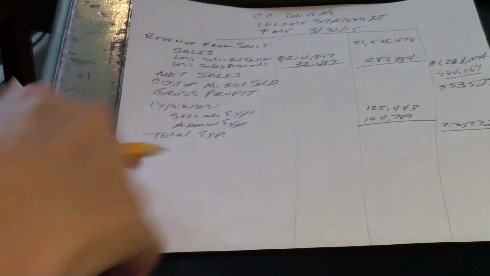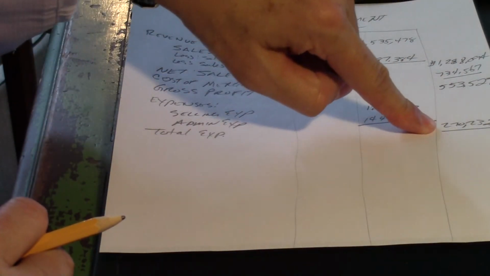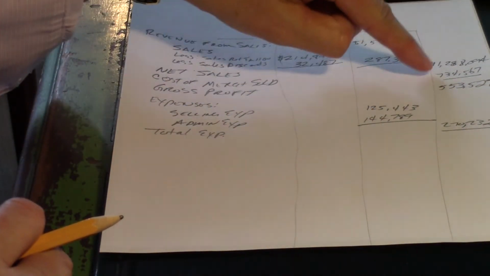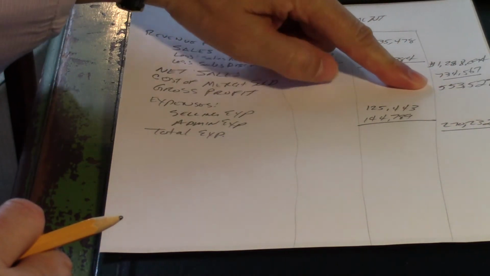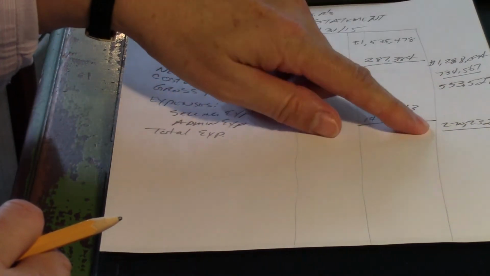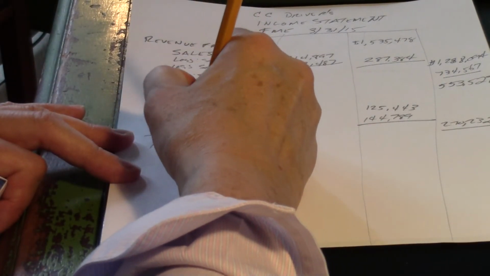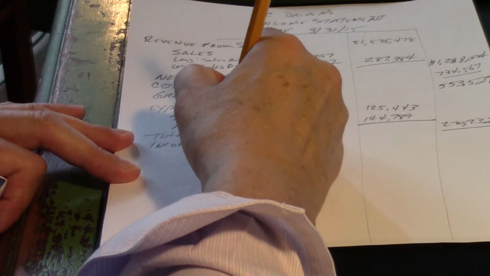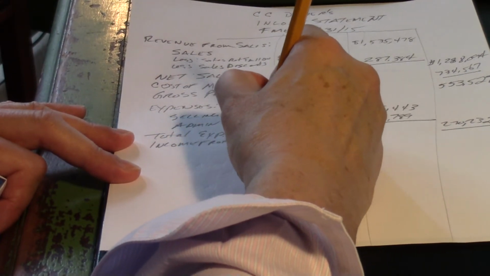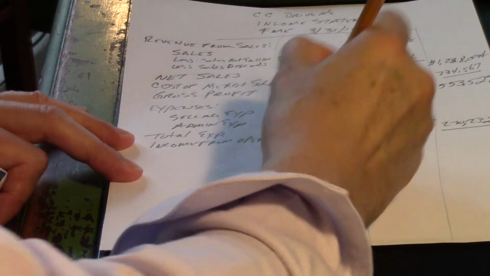Right? And when you subtract $270,232 from the gross profit, right? So you take this $553,527 minus the $270,232, that gives you income from operations. Which is important.